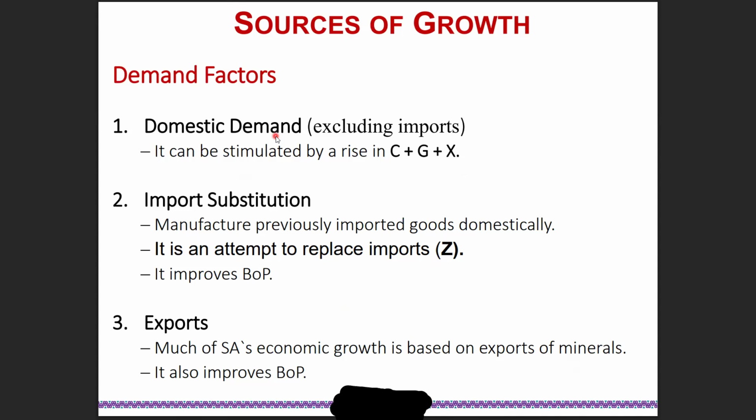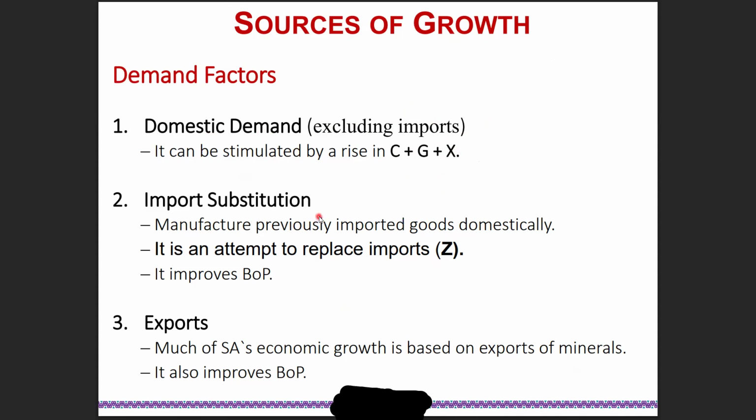Exports is basically now where people from the rest of the world are demanding things that are here in South Africa. So this one will also lead to economic growth because for us to export these products, we have to produce them within SA, right? And then export them to the rest of the world, right? So domestic demand also is one of the demand factors which lead to economic growth.